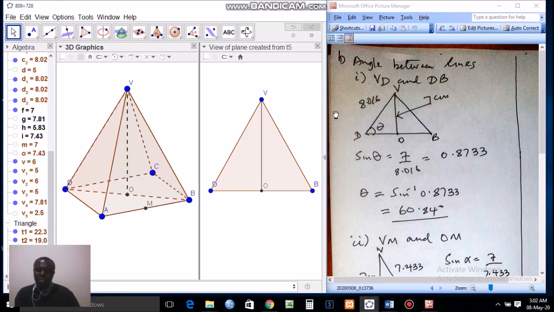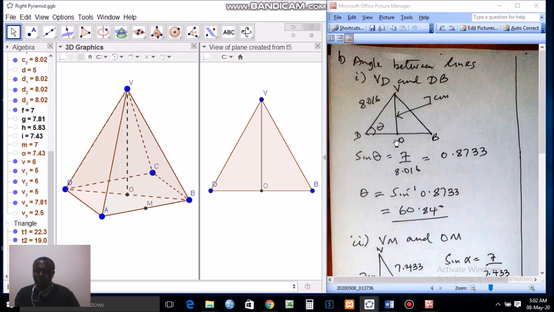So VD is 8.016, and the entire DB, I think, is 7.810, and the height VO is 7. Remember, VO is perpendicular to DB, and O is the midpoint of DB.